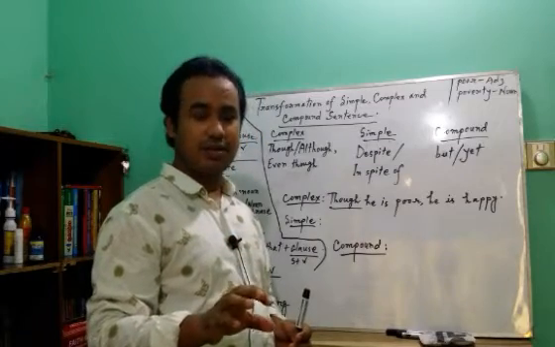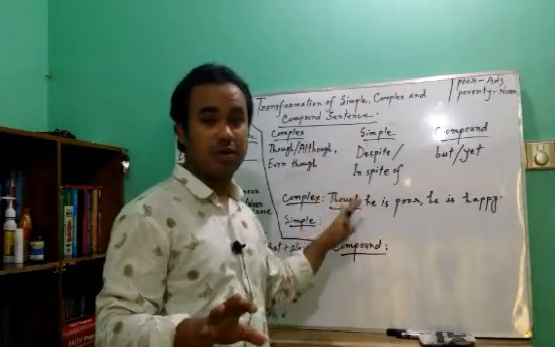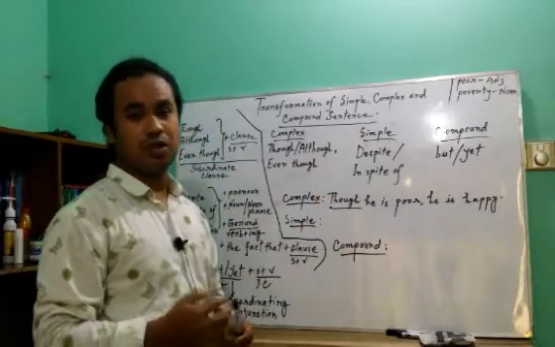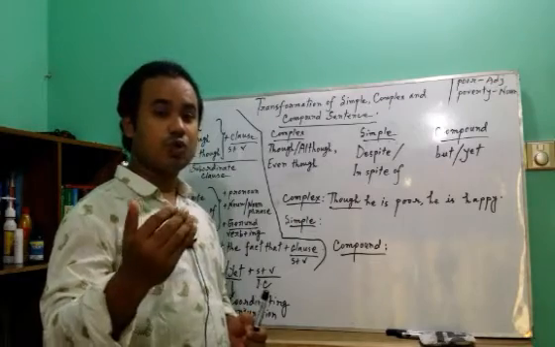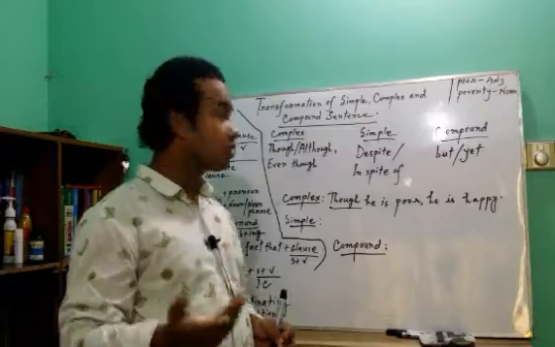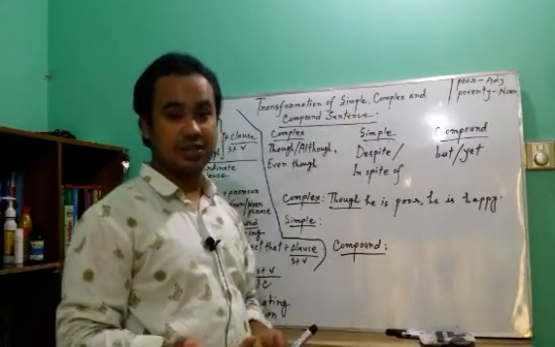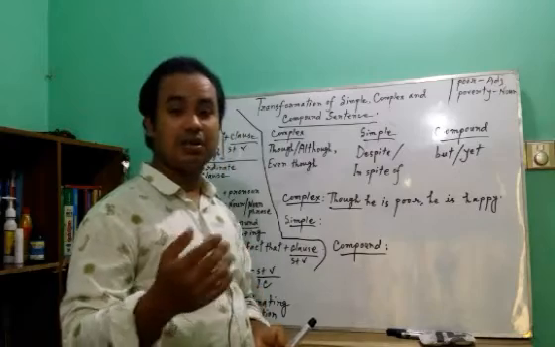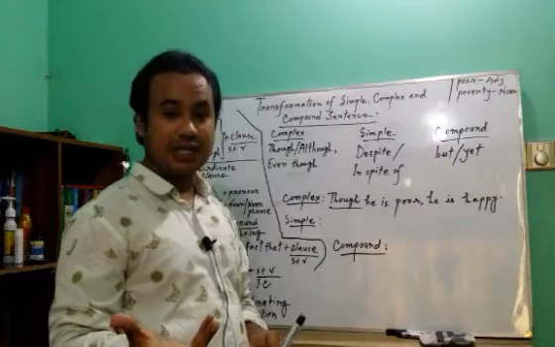But I strongly believe that today's topic would be much easier for you, because in my last two videos, for your better understanding, I talked about simple, complex and compound sentence in details. I discussed their definitions, their identifications.